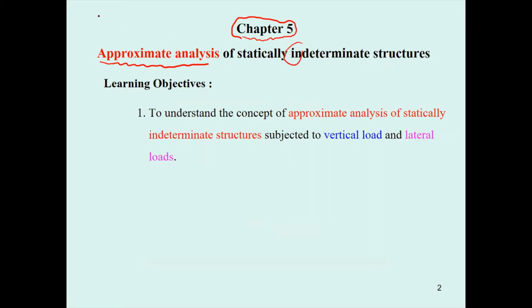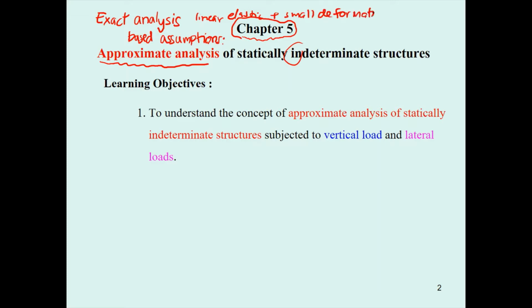The approximate analysis will be different from what we have learned before. Before that, the method we call the exact analysis was based upon some assumptions that we have made. For example, under the application of the force, the behavior of the material is linear elastic, and the deformation of the structure is going to be very small.